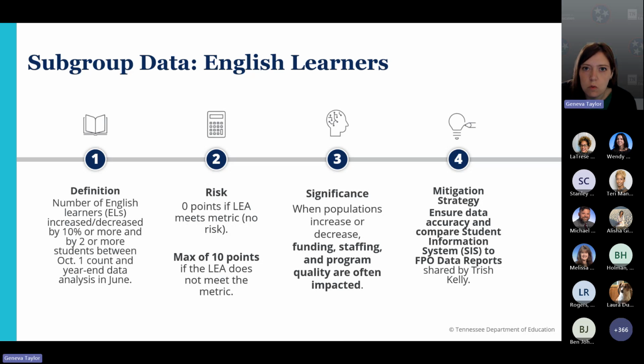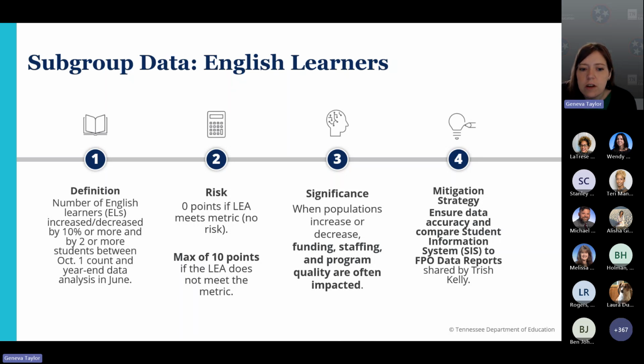And by 2 or more if you're a smaller LEA, because just 2 students can really impact what your service levels look like in your LEA, and it can create some complex schedules, especially for using an itinerant teacher to cover multiple schools within your district. If you meet the metric, you have no risk, so you receive 0 points. If you have this risk, your population is increased or decreased, then there's a maximum of 10 points.